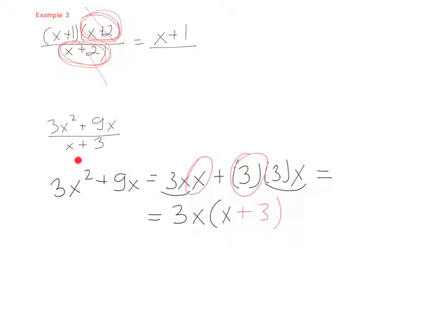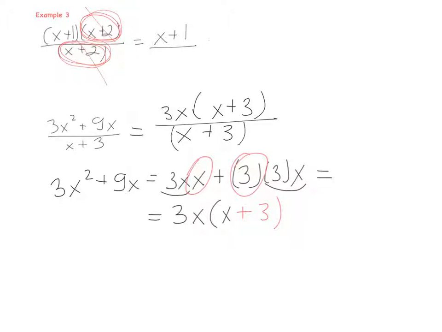So this is the first type, taking something out, okay? It has to be a common letter or common number or both. So instead of 3x squared plus 9x, I can write down this on the top, okay? So we have 3x bracket x plus 3 on the top, and the bottom stays as it is.